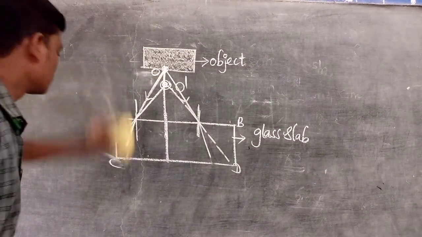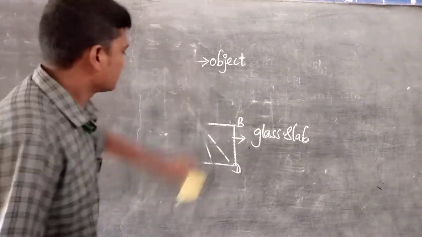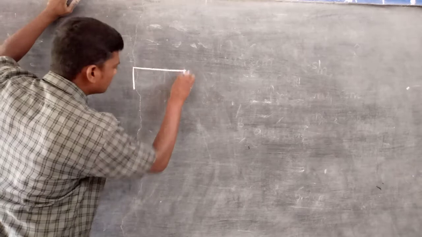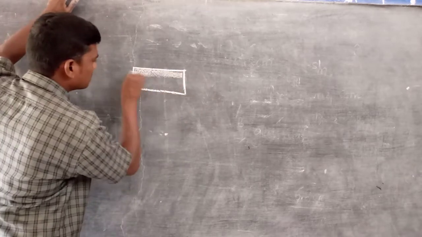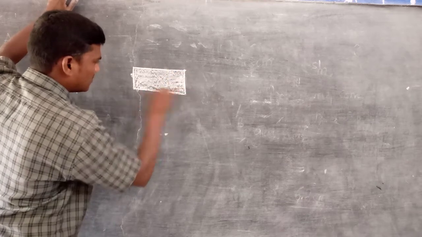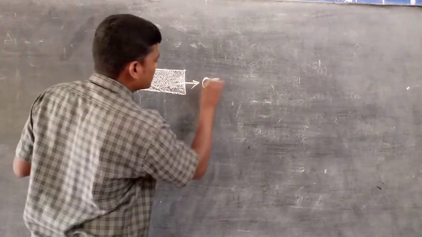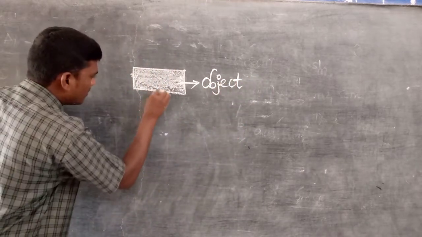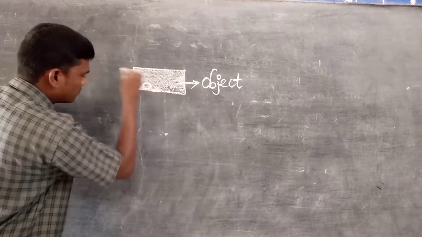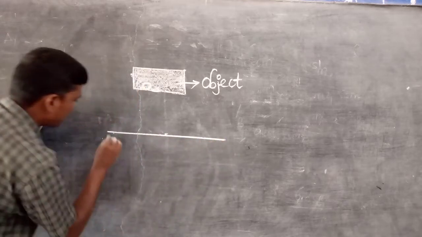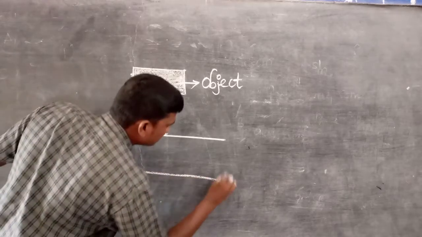Sorry, not exactly this. A small modification is correct, but a small modification. The same previous diagram, but a little bit of modification for understanding it clearly. Object. This point we can call O. Here we have a rectangular glass slab.